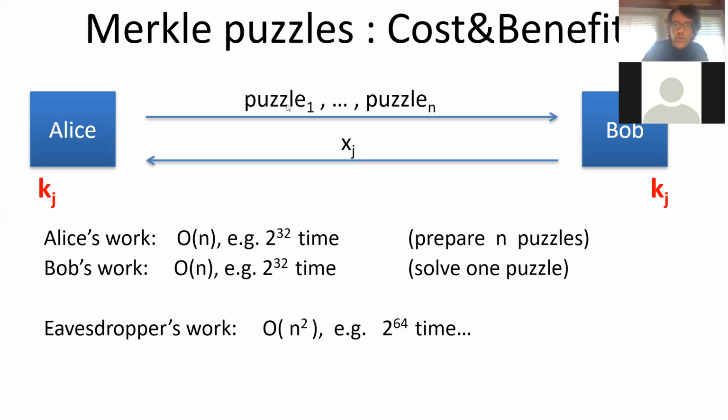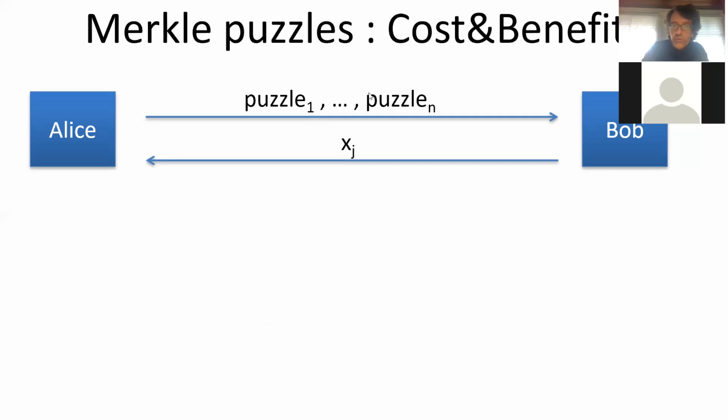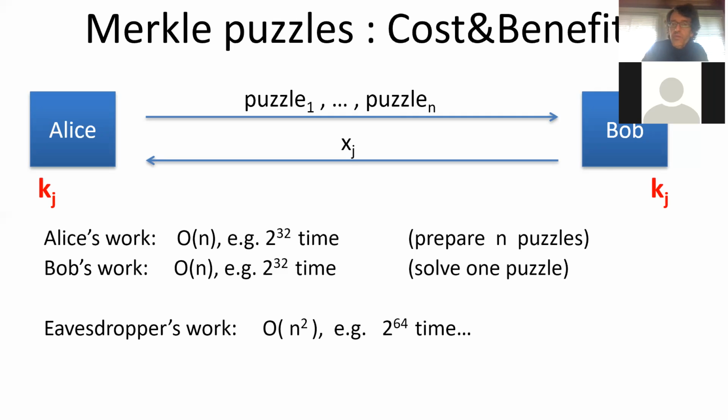So, finish this to the 32, find the 32 bits that remain in the key, apply it to decrypt, and recognize that the message is of this form, at which point you learn one xi-ki pair. So you can solve these at random, choose them randomly, and hope that you chose correctly. If you want to be sure that you do it, you have to spend 2 to the 64 time, solve them all, 2 to the 32, each of them solved in this time.